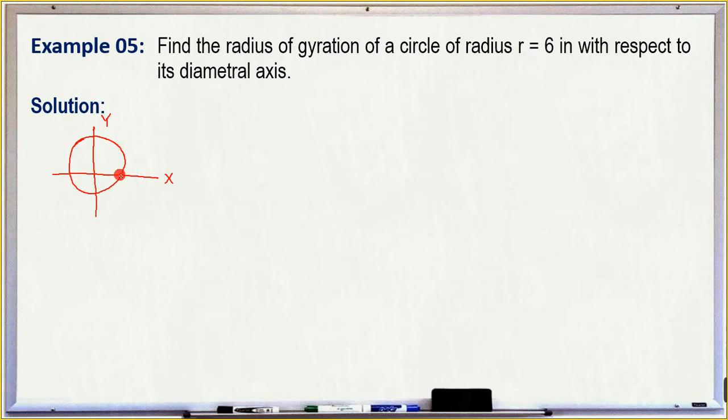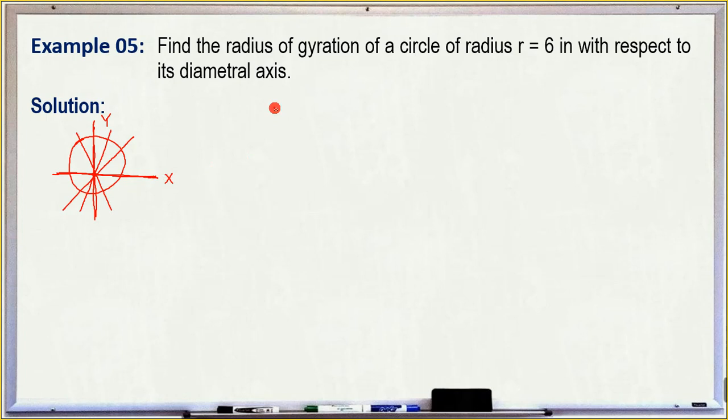It could be the x-axis, assuming the origin is at the center of the circle. You can have the y-axis, or the x-axis, or this axis, and so on. There are many axes to choose from. To make it easier to understand, you can choose either of these axes, so we can just choose x.